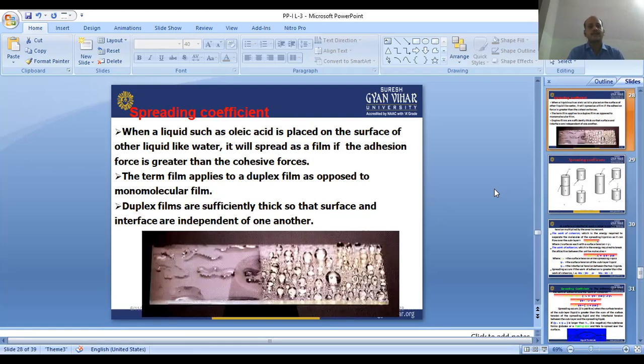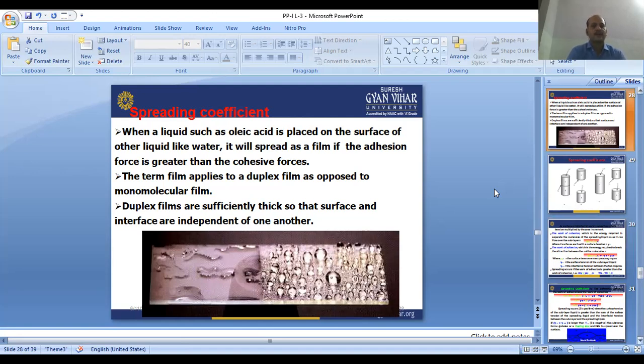There are two types of forces which work on the molecules situated at the interface or surface. When the force of adhesion is greater than the force of cohesion, then there will be spreading, rising and wetting of the liquid. For spreading, a very important required condition is that the adhesion force should be greater than the cohesive force.